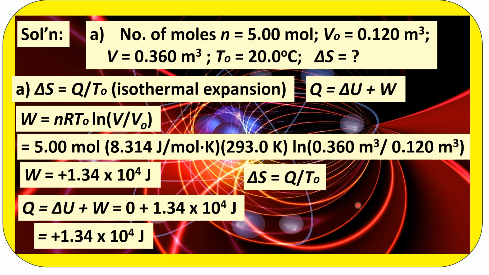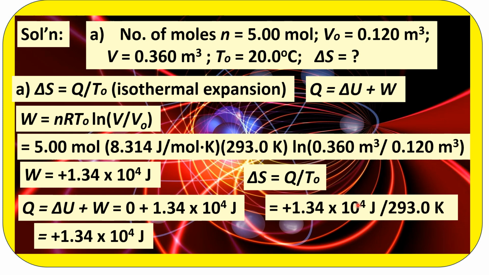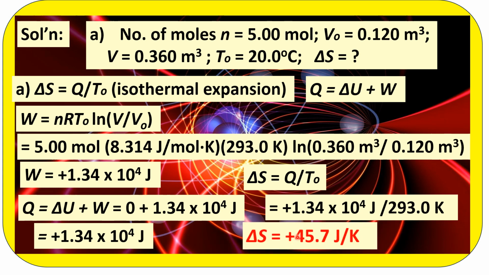That is, we divide the value of big Q, positive 1.34 raised to the 4th power joules divided by 293 Kelvin. This is the Kelvin equivalent of 20.0 degrees Celsius. Again, simplifying, we will get delta S equal to positive 45.7 joules per Kelvin.